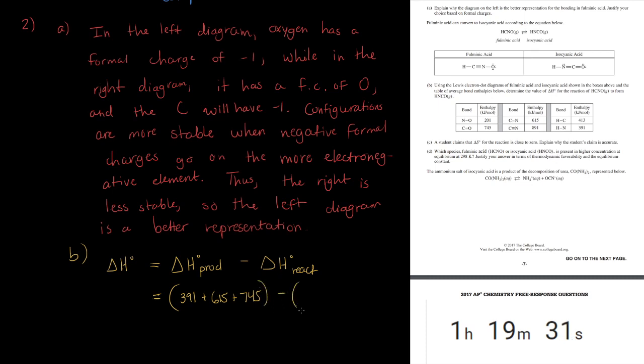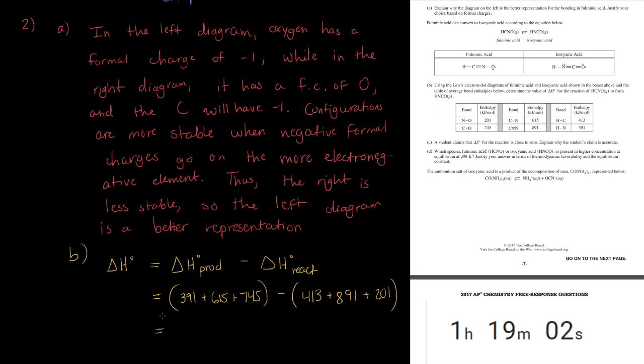Here we're going to be subtracting the HC single bond on the fulminic acid. It's going to be 413. We're also going to be getting rid of a CN triple bond. That's going to be 891. And finally, we're going to have this NO single bond. That's 201. I'm going to plug this into my calculator here.